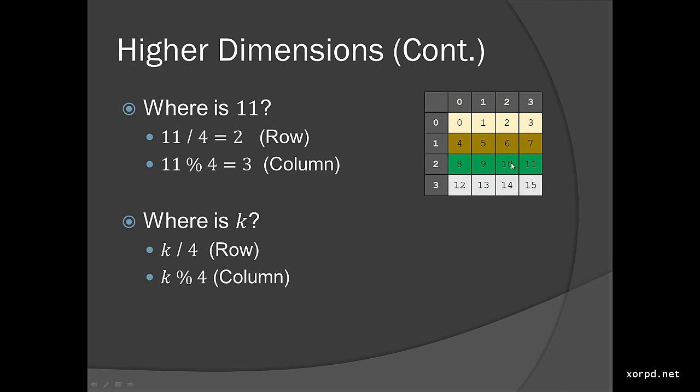As an example, if we look at 11 here, then 11 divided by 4 is 2, which is the row number, and 11 divided by 4 and taking the remainder gives us 3, which is the column number. Generally, if we want to find k, we use those formulas.